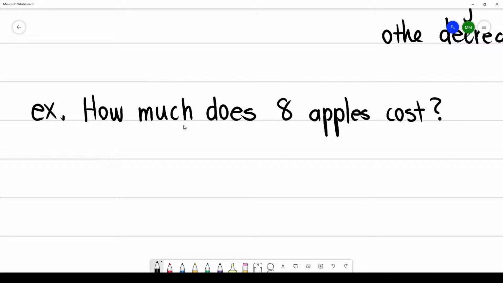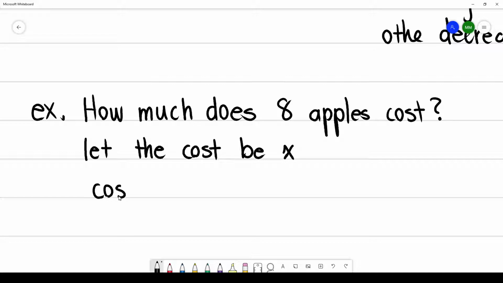I'm going to let the cost be X. So we're doing variables here, which is why I asked if you know how to do variables. So let the cost be X. And by proportion, what do we have? Well, the cost, so cents over apple.